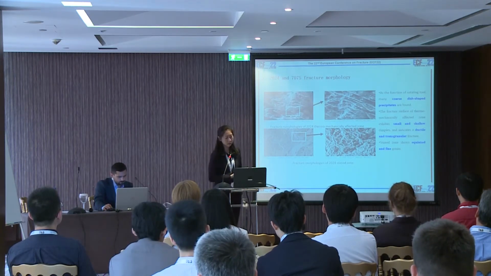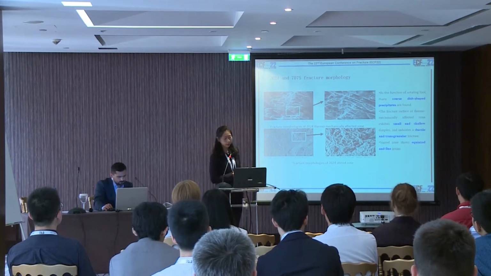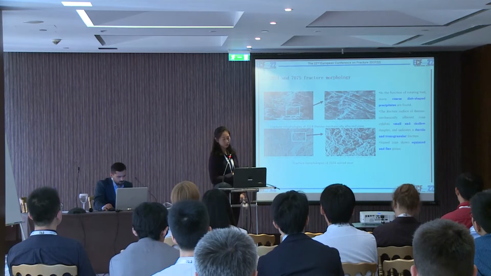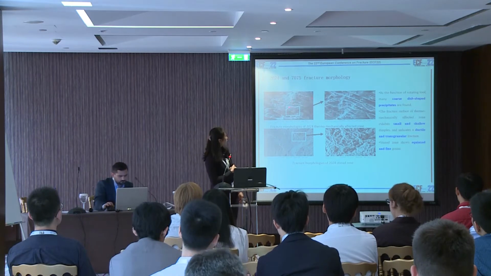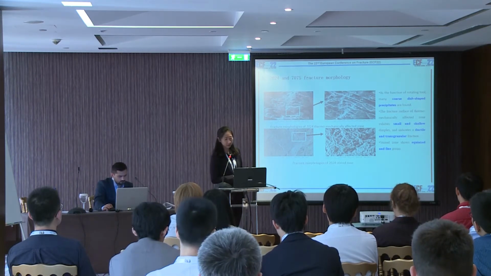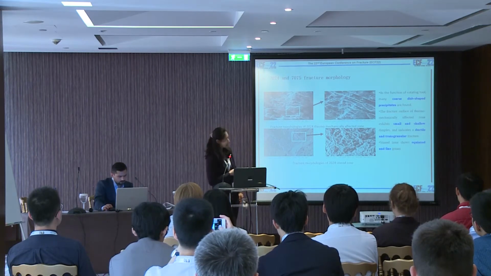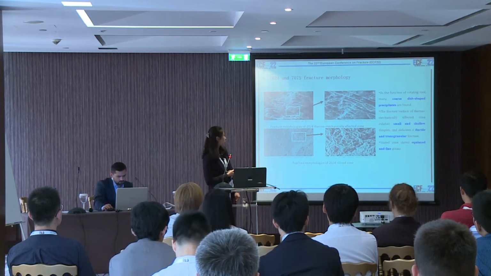And this is the thermomechanically affected zone and the stir zone of 2024. We can see that as a function of the welding tool, many cross-stitch shaped particles are found, like here and here. And the fracture surface of the thermomechanically affected zone exhibits small and shallow dimples here, and it indicates a ductile and transgranular fracture.